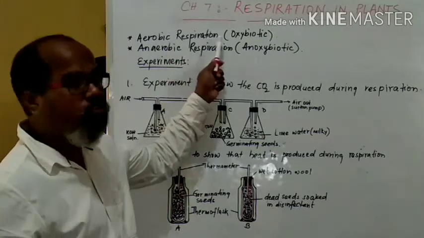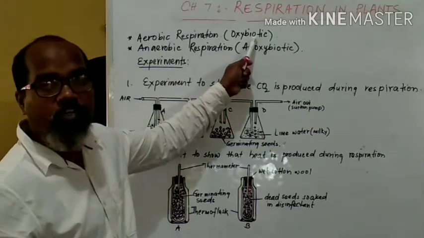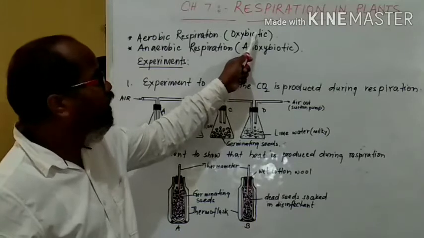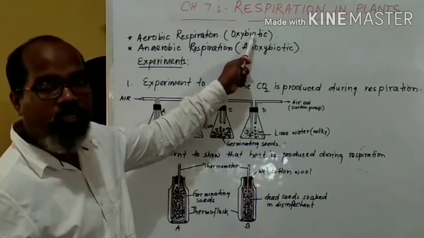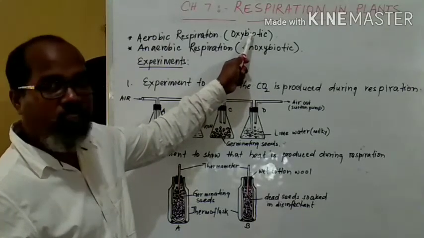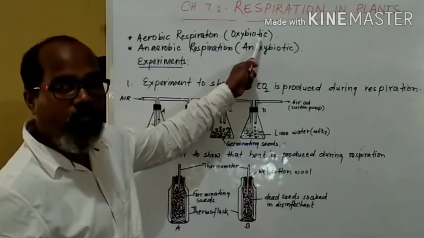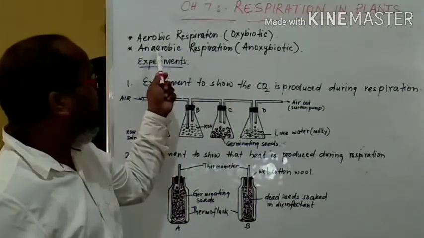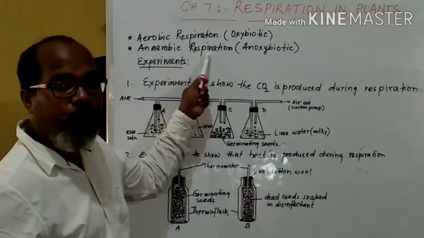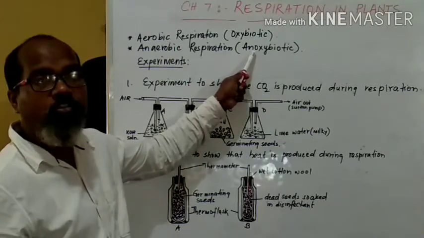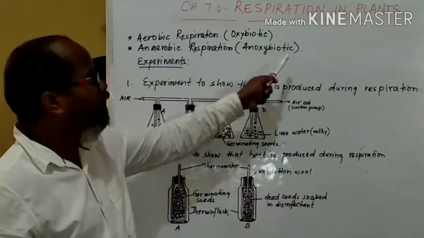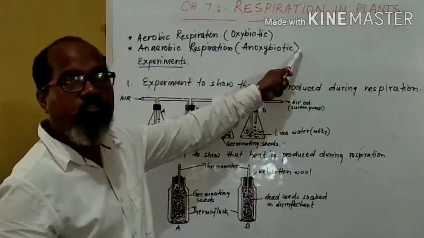Aerobic respiration is also called oxybiotic respiration, and as we have already seen, it takes place in the presence of oxygen. And anaerobic respiration is also called anoxybiotic, and it occurs in the absence of oxygen.